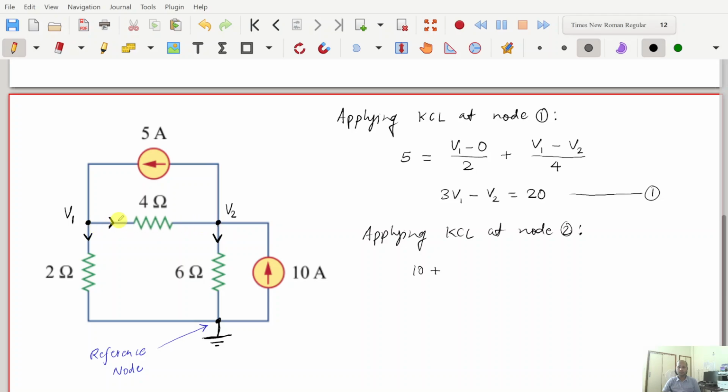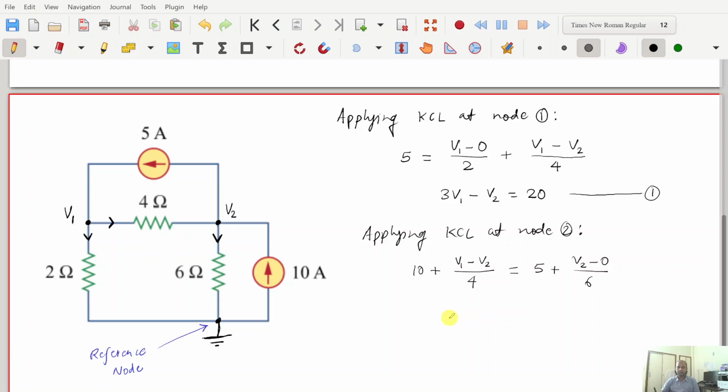For node number 2, the same current is incoming. So it is going to be (V1 minus V2) divided by 4, and then equal to the sum of outgoing current. So 5 plus (V2 minus 0) divided by 6.